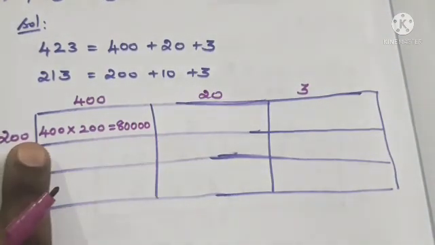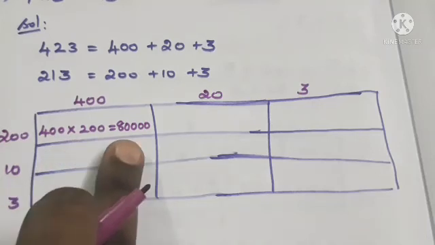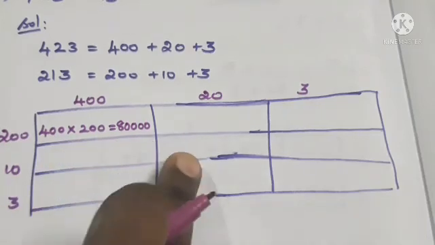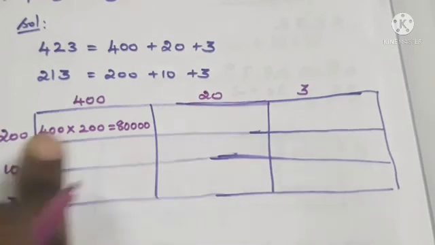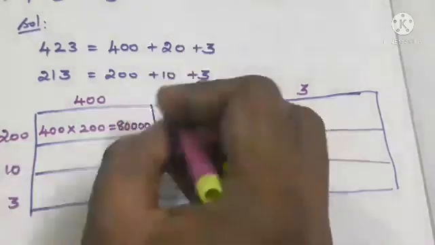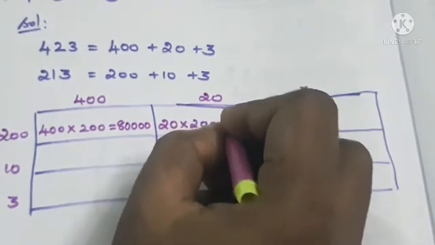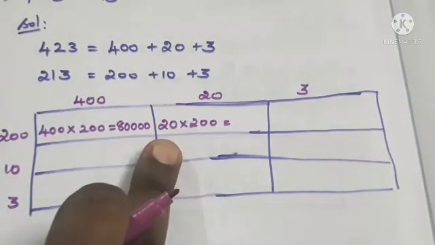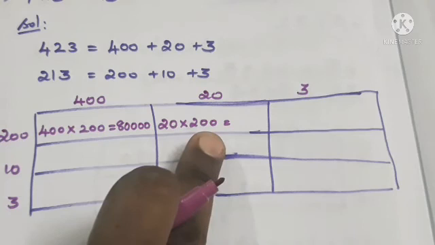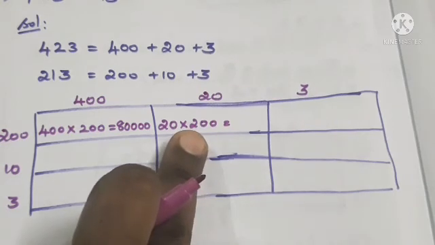Okay, 80,000 as the answer. So if you multiply 400 and 200, what's our answer? 80,000 is our answer. Next we have to multiply 20 with 200. So 20 by 200 is equal to. First we have to see how many zeros. In the ones place we have 0, and in the tens place we also have 0 in the 200.